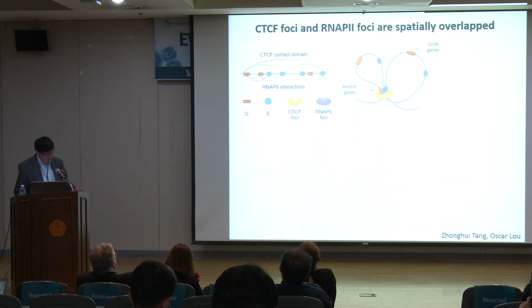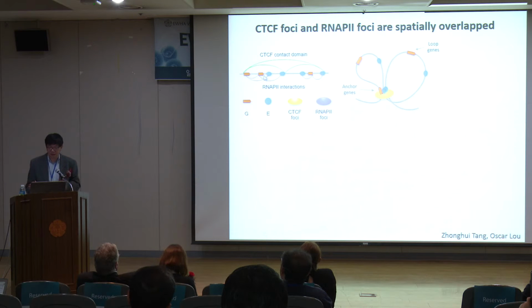So here are examples of a two-dimensional CTCF structure versus the RNA-Pol2 mediated chromatin structures within the context of genes, gene promoters and enhancers.